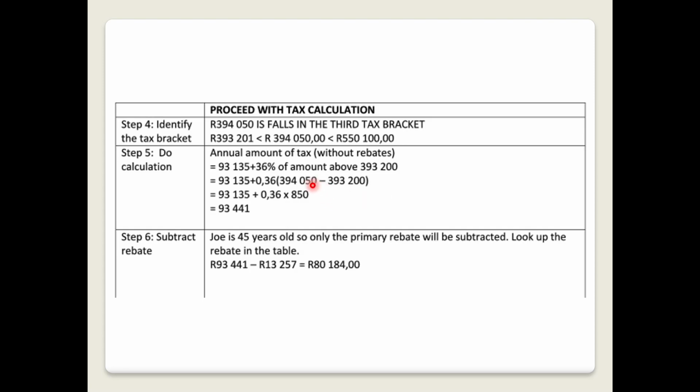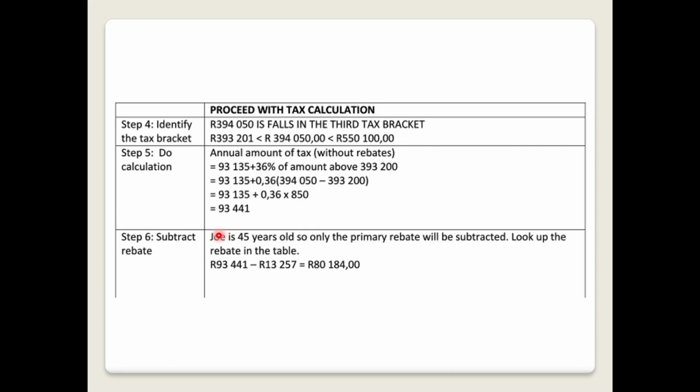So then we do that calculation first. We see it's 850. We multiply it by the 36%, and we add it to the amount of 93,135. So we add that little part, and then 93,441 is the tax that he needs to pay per year.